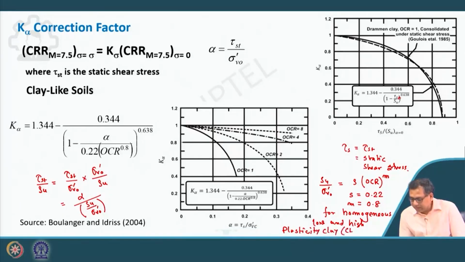That means it is CL and CH, the low or high plasticity clay.